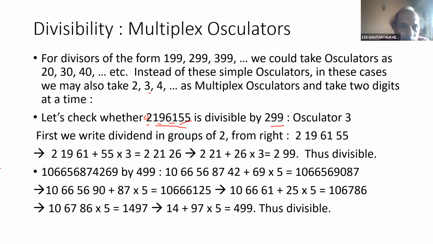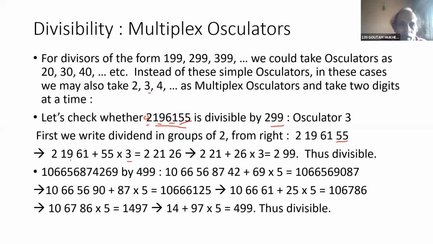Now this number becomes 21961 plus 55. This 55 is in the unit position, but it has 2 digits. 55 is multiplied by the multiplex oscillator, the second order multiplier 3. Sorry, 55 times 3 is 165.